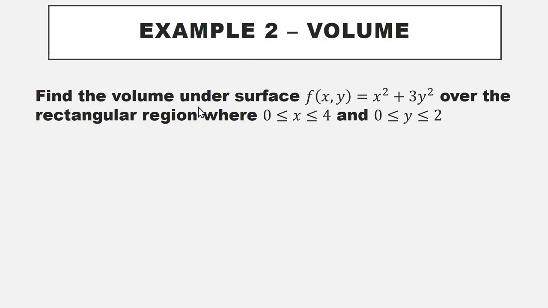So we were finding the volume under the surface over the rectangular region with these bounds. And we did that using sort of the longhand way. Did that all by hand earlier. Now I'm going to take advantage of some technology and what I know about the properties of double integration and some of the properties of single integration as well.